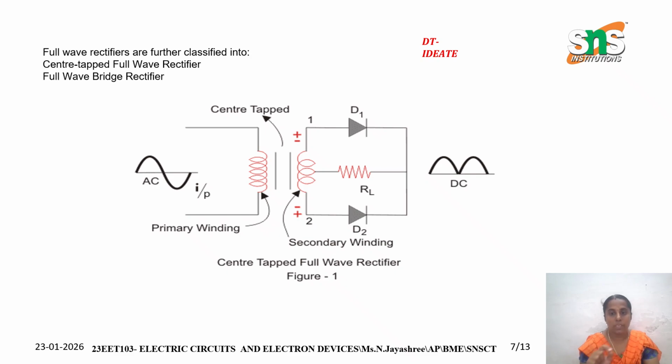All together they give the output of positive half cycles, continuously. This is the full wave rectifier. The center tap is nothing but these windings going to the secondary winding also. That is the center tap connection.